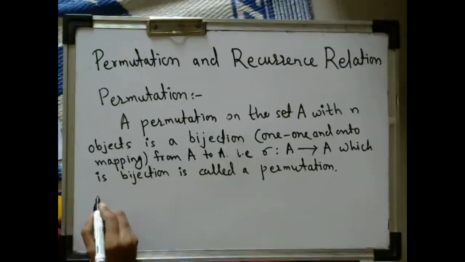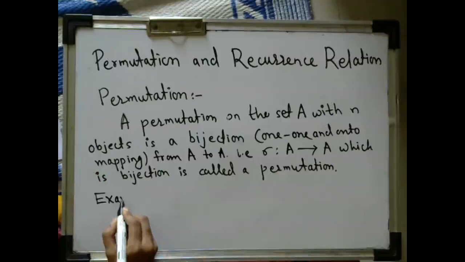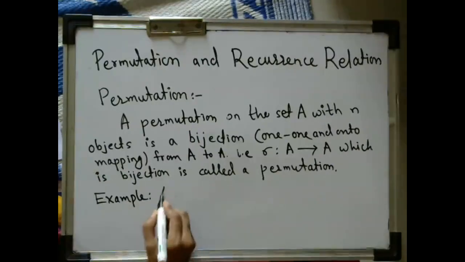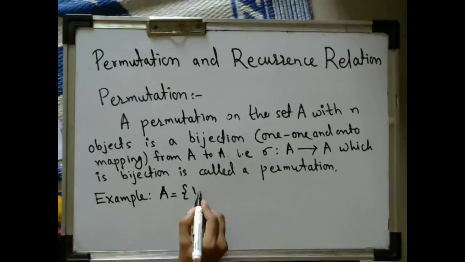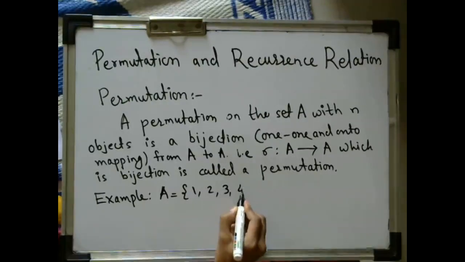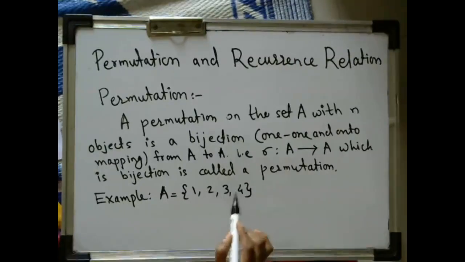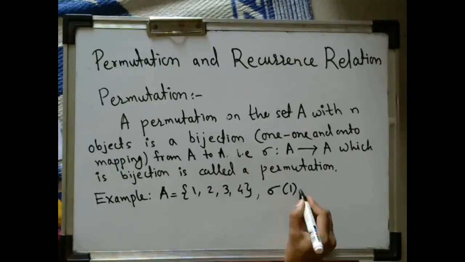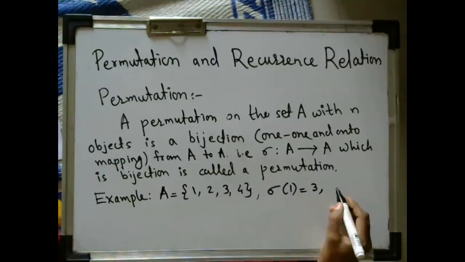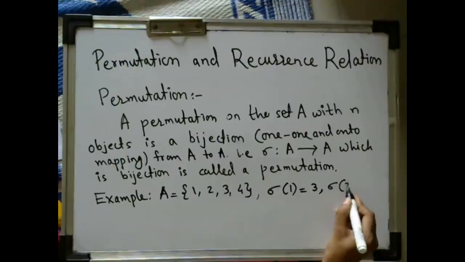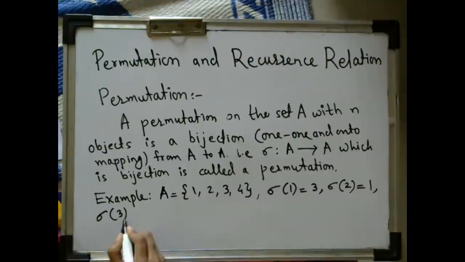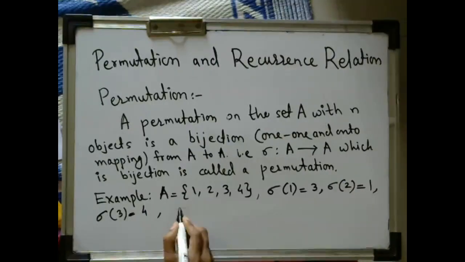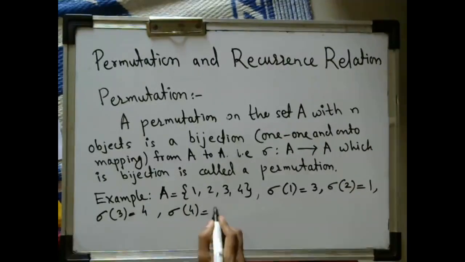Let me take one example. If you have the set A with 4 objects, let us say A is 1, 2, 3 and 4, and sigma is any permutation on A. So sigma is mapping the elements of A to themselves. Say sigma of 1 is 3, sigma of 2 is 1, sigma of 3 let us say 4, and sigma of 4 let us say 2.